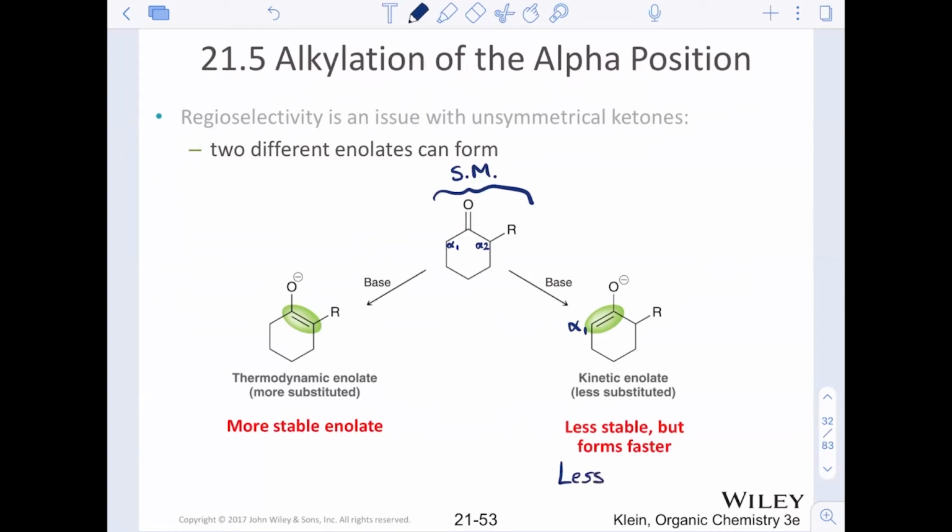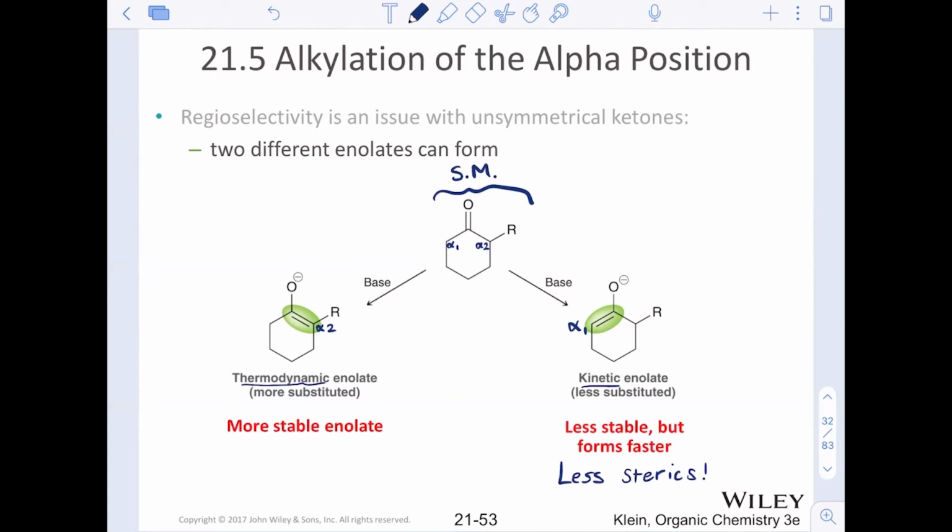So if you're looking at these 2 sides, one will have less steric hindrance, and that's what we will call the kinetic enolate. The other side, what I labeled as alpha 2, is more substituted and therefore more stable, but it does form slower. It's what we call the thermodynamic enolate.